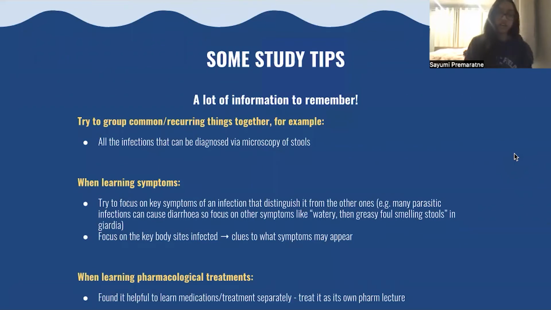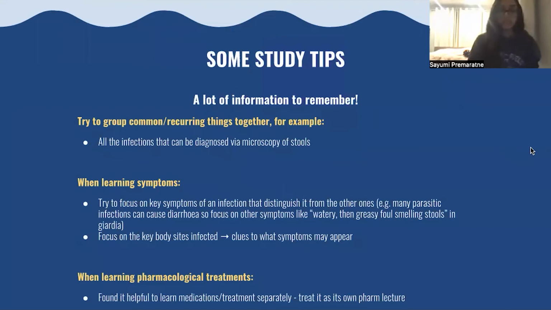So one of the examples is that a lot of the infections can be diagnosed by the microscopy of stools. So it's just easier if you make a list of the infections that are diagnosed in that way, and then similarly for other things that are really reoccurring a lot, do the similar thing.